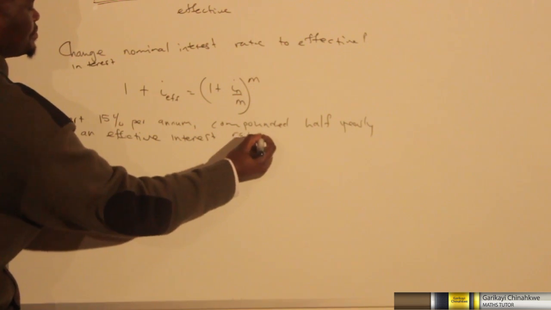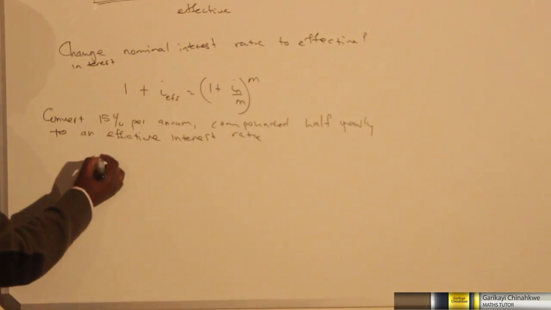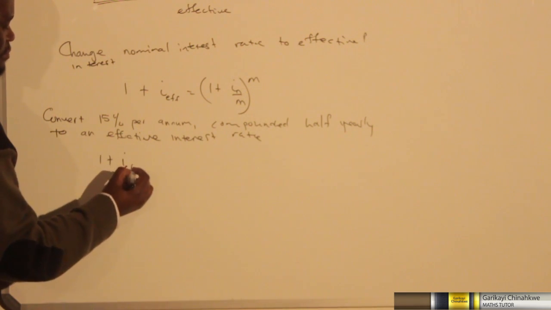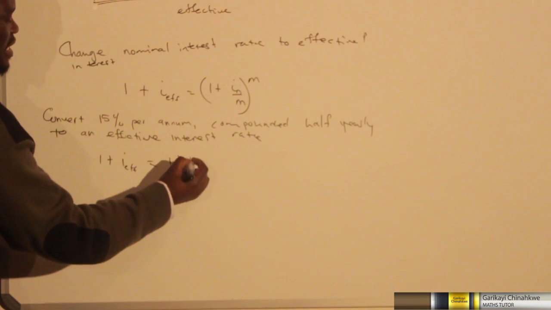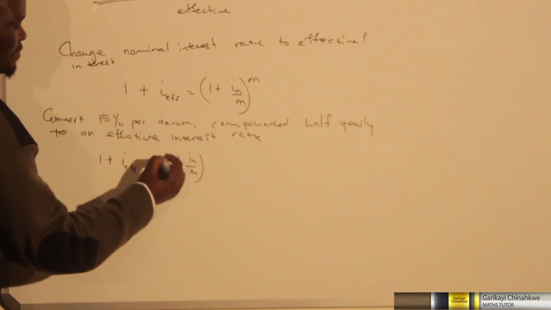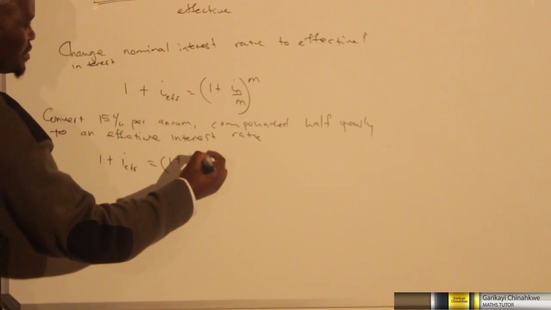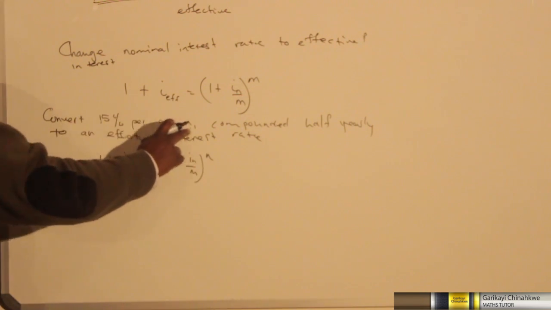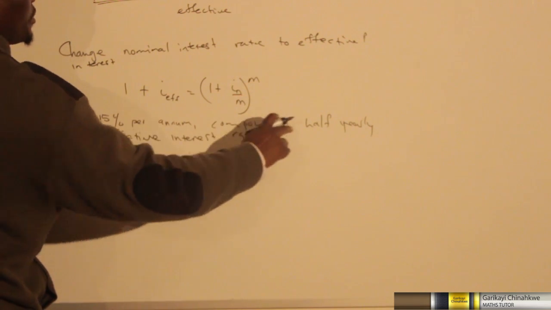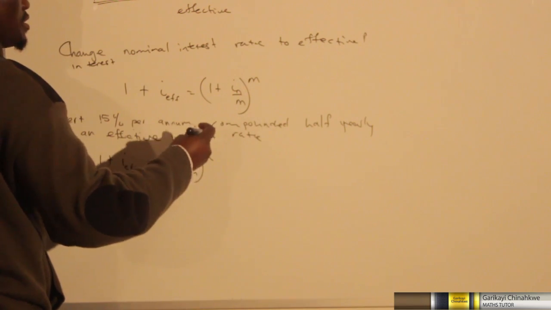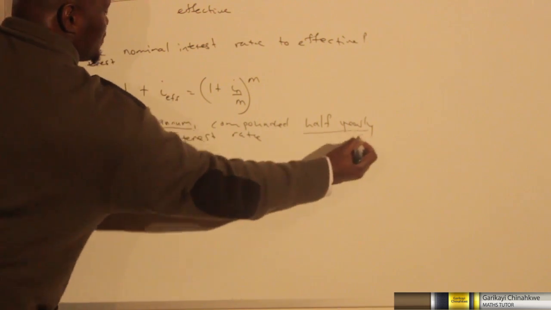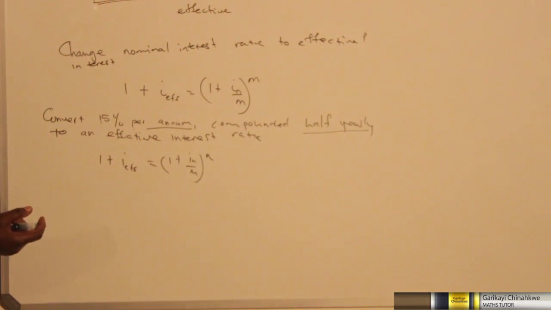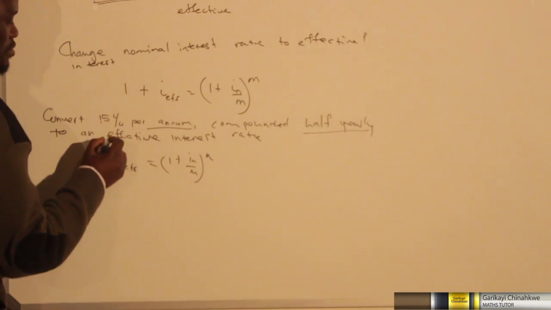How do you do that? You're just going to say 1 plus i effective is equal to 1 plus i nominal over m. That's the formula. So first of all, it's 15% per annum, compounded half yearly. It's two different compounding periods, so it is nominal. So you are supposed to change it to effective.